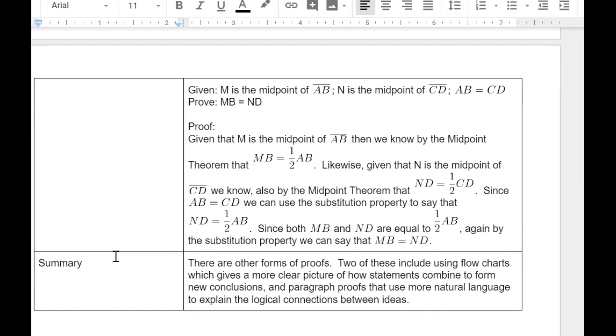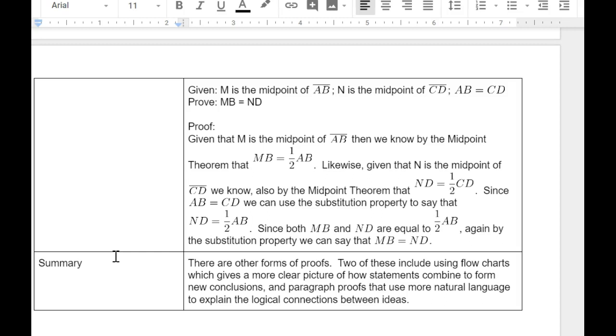It says, given that M is the midpoint of segment AB, then we know by the midpoint theorem, which was in the notes before, that MB has to be half of AB. And likewise, if N is the midpoint of the other one, we also know by the midpoint theorem that ND has to be half of the other one.